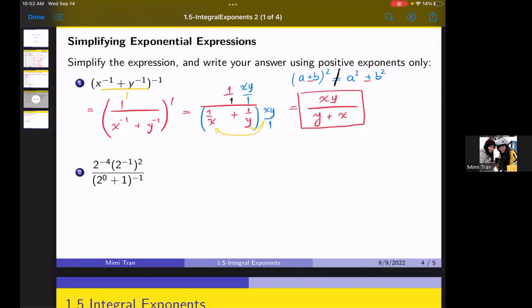Yes, we distribute the 2 in here. Divide that, 2 to the 4. And then you can use another rule, the product rule, to add the powers.